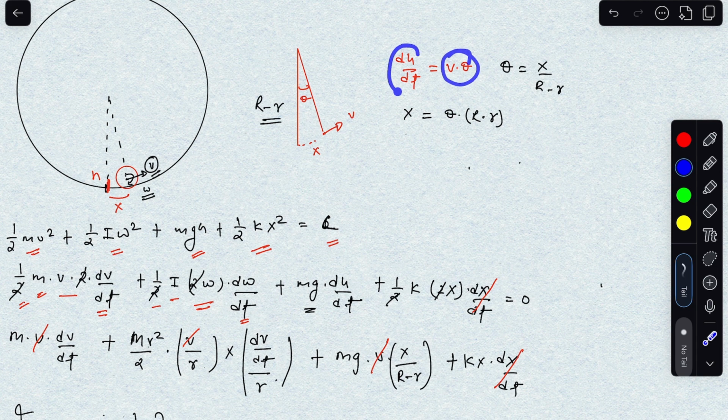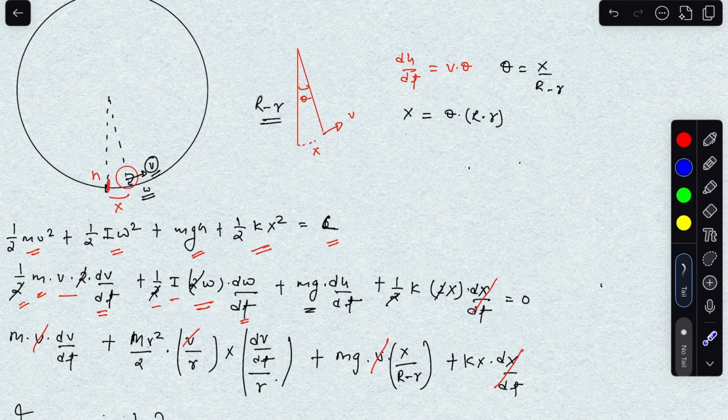So dh by dt is v times theta, and theta is the arc length x divided by R minus r.